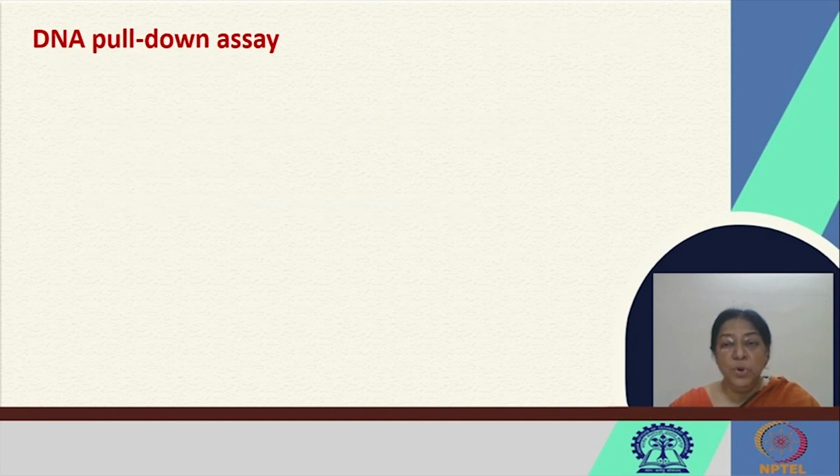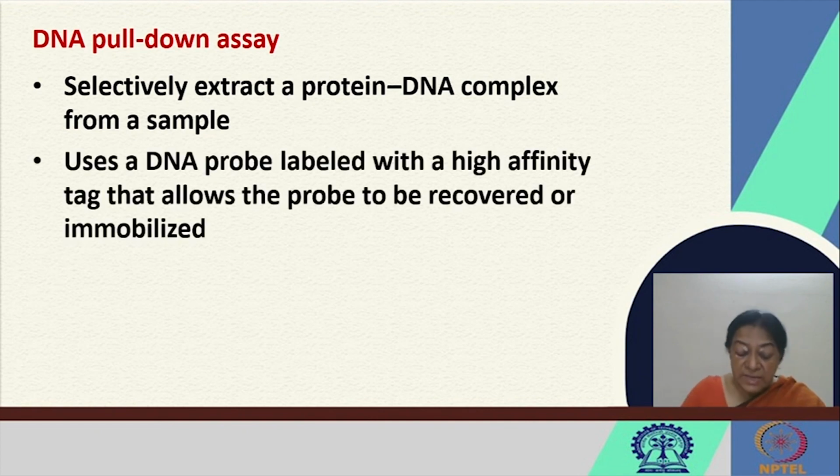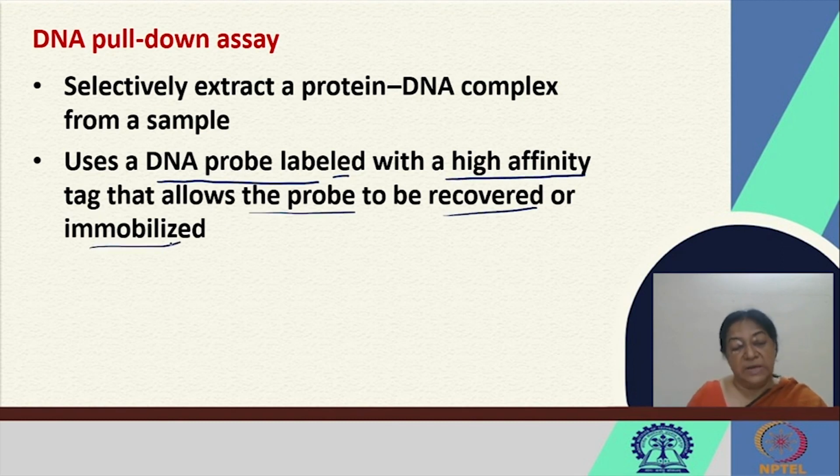In the DNA pull down assay, there is a selective extraction of a protein DNA complex from a sample. In this case, there is a DNA probe that is labeled with a high affinity tag that allows the probe to be recovered or immobilized.